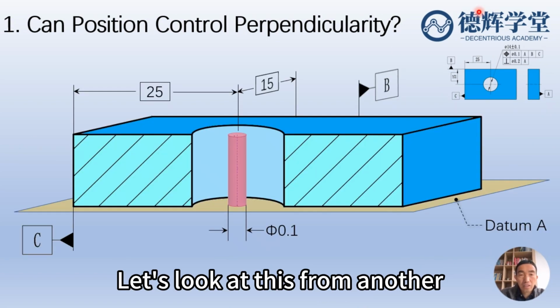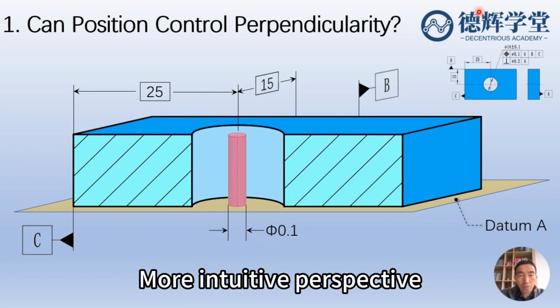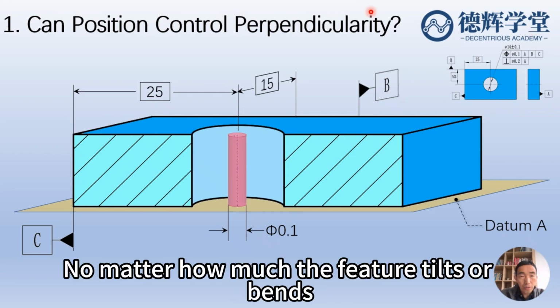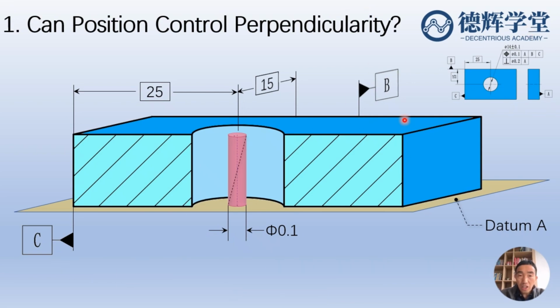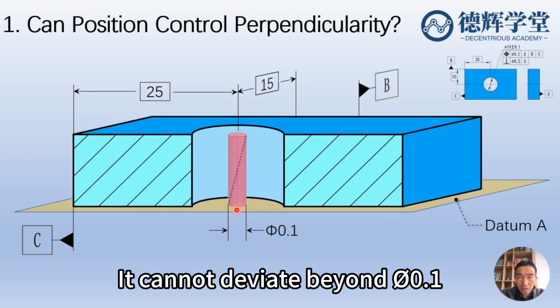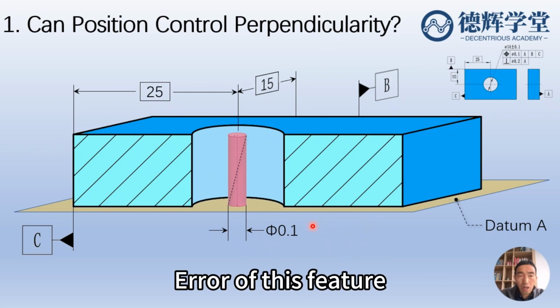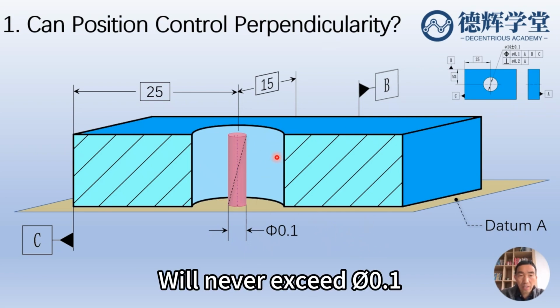Let's look at this from another, more intuitive perspective. If the position tolerance requirement is satisfied, no matter how much the feature tilts or bends, it cannot deviate beyond 0.1 in diameter. In other words, the perpendicularity error of this feature will never exceed 0.1 in diameter.